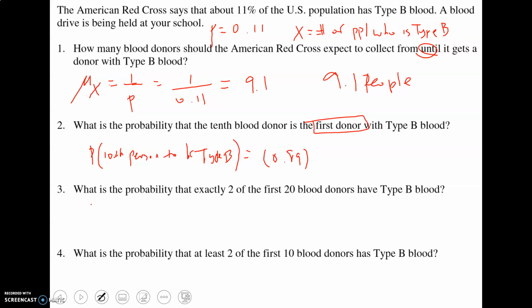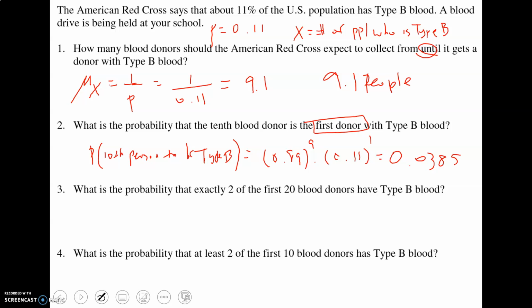Because you want the first person to be the 10th donor. So 9 plus 1 would make it 10. But you need to fail 9 times before you find the actual blood type B, which is 0.0385-ish.